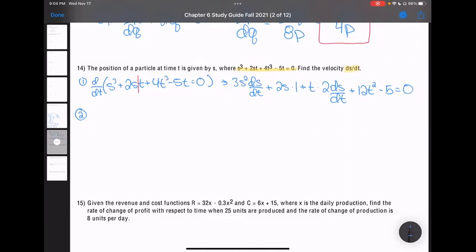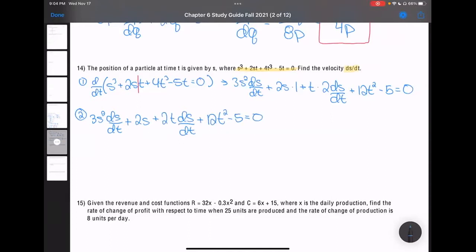Okay, so I'm going to just start by rewriting 3s squared ds/dt plus 2s, that's actually 2t ds/dt plus 12t squared minus 5 equals 0.